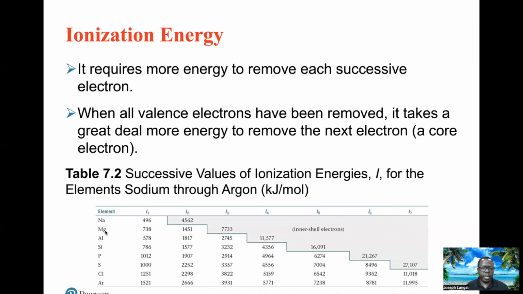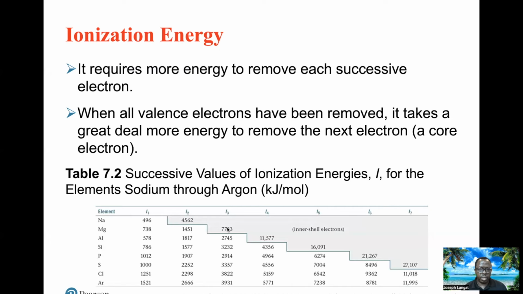Look at this, magnesium has 2 valence electrons. Removing the first electron of its 2 valence electrons takes 738 kilojoules per mole. Second ionization energy, 1,451.